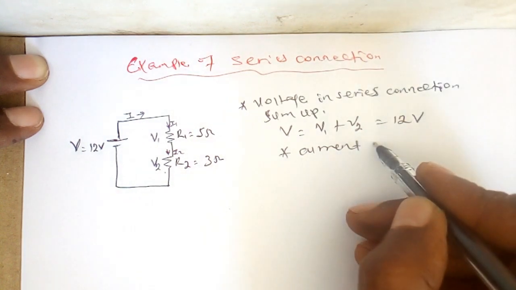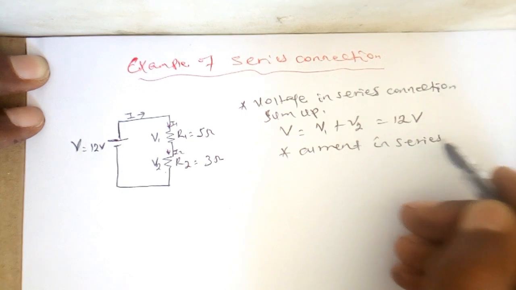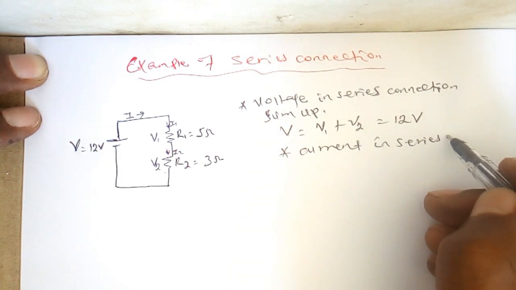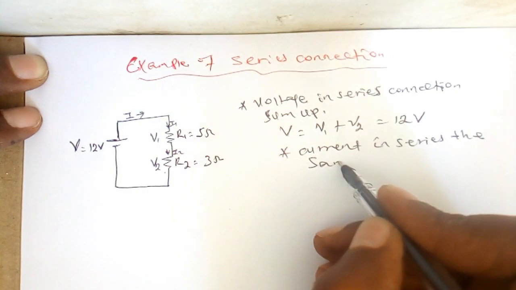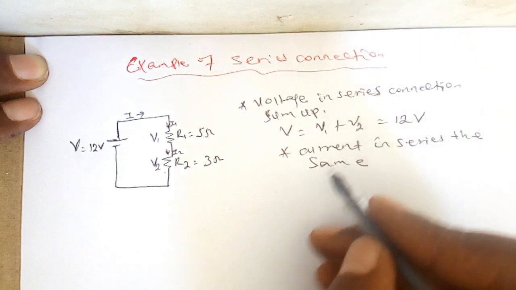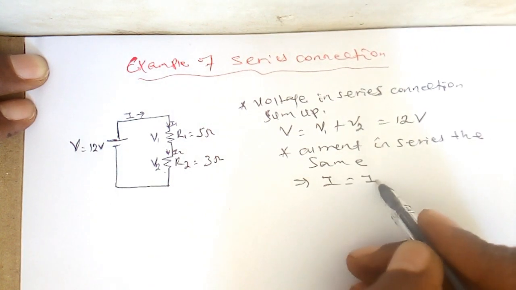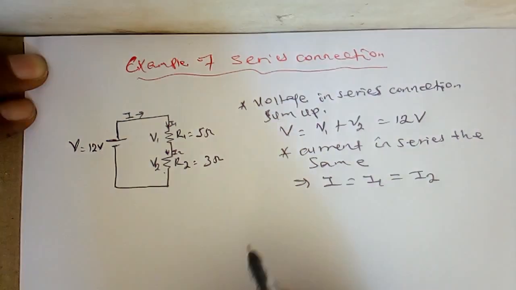And the current in series is the same or constant, meaning I is equal to I1 is equal to I2.